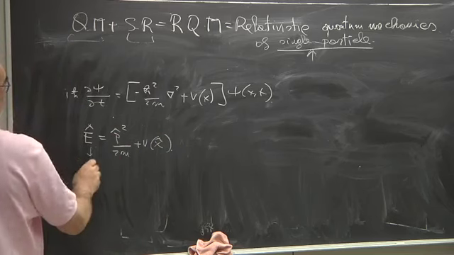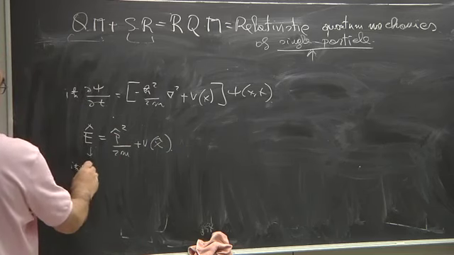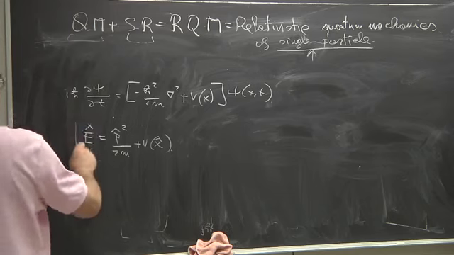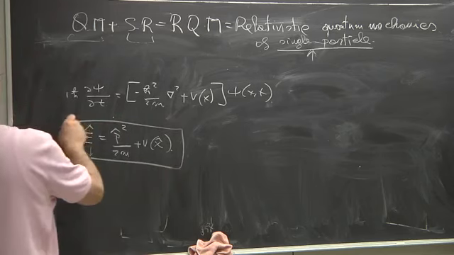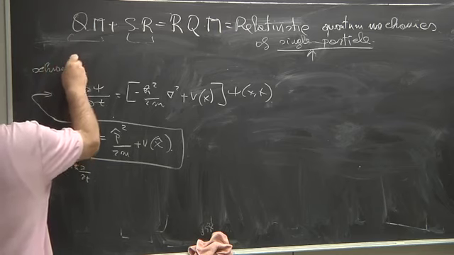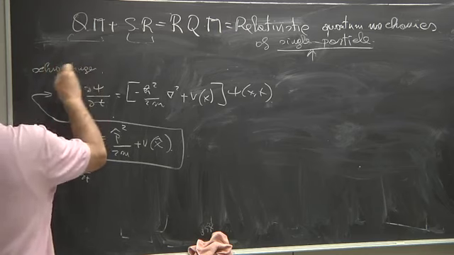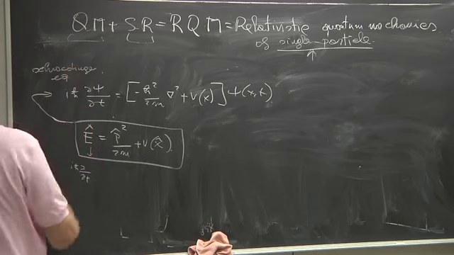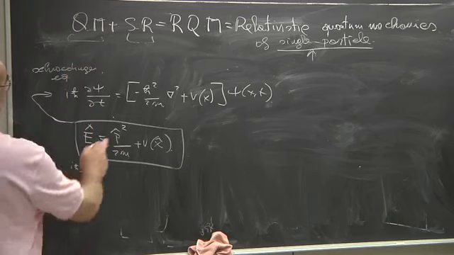And we realize this as i h bar d dt and so on. So this equation, that is the Schrödinger equation, gives as energy-momentum relation this relation.